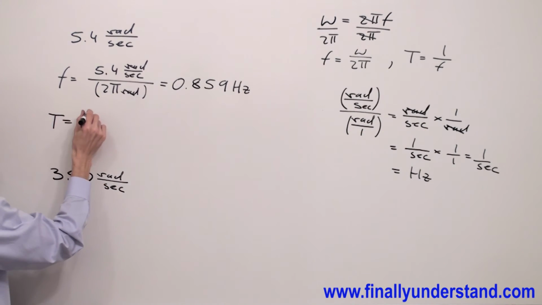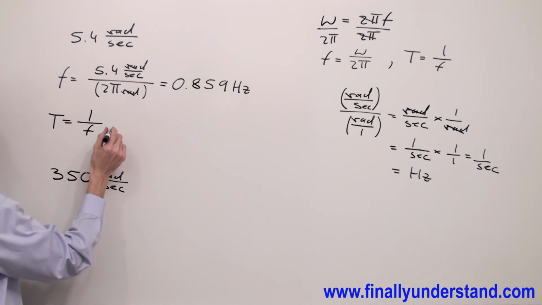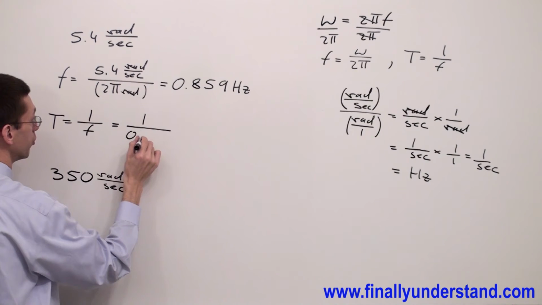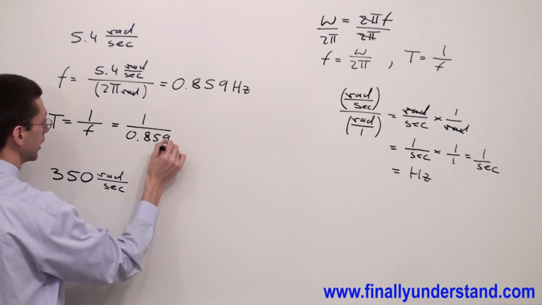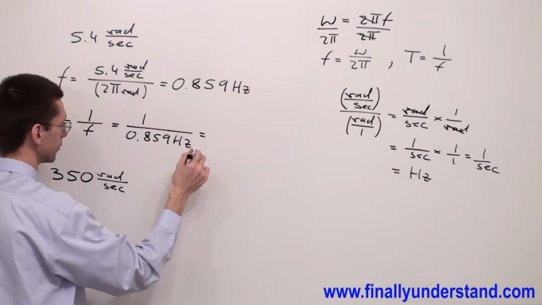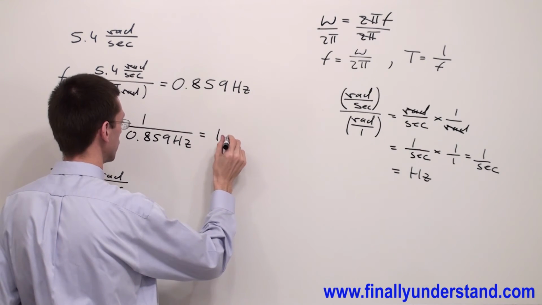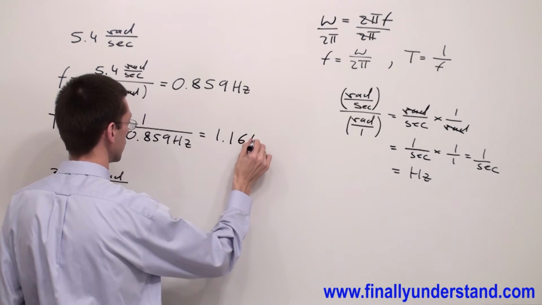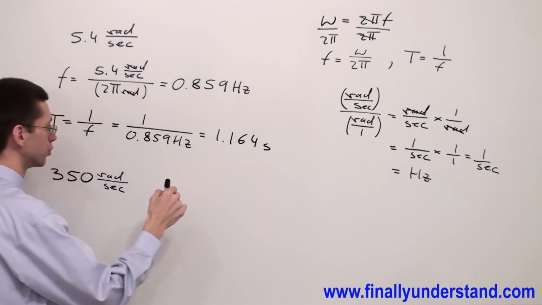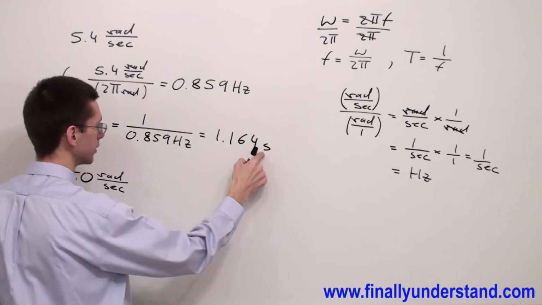Period is equal to 1 over f, which is equal to 1 divided by 0.859 hertz. This is equal to 1.164 seconds.